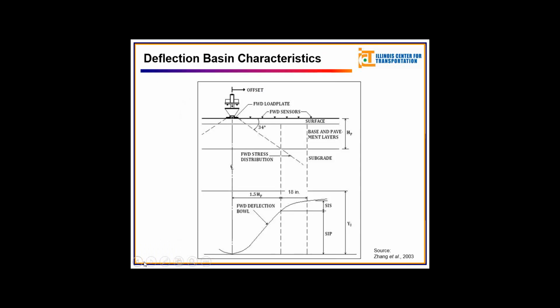And also, apart from looking at the center deflection only, the whole FWD deflection bowl also tells a lot about the overall structural condition of the pavement. For example, the FWD sensor that is installed at 1.5 HP, which is basically the total pavement thickness over the subgrade, measures a deflection that basically picks up only the deflection coming from the subgrade, and it's not being influenced at all by the surface layer or the base layer.